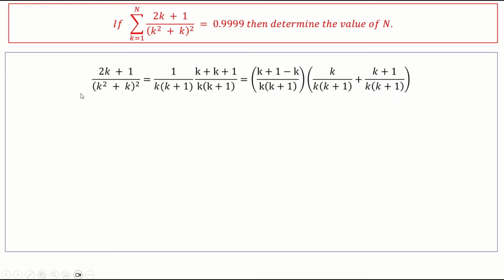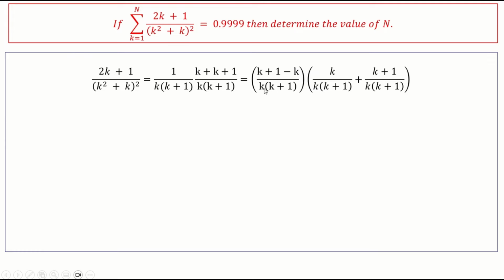K square plus k, I can write it as k into (k plus 1). So I'm dividing this as 1 by k into (k plus 1) into (2k plus 1), which I wrote as k plus k plus 1. Okay, because the denominator and numerator will have the same terms, even though it is multiplication in the denominator and addition in the numerator. So that is equal to 1 into (k plus 1 minus k).